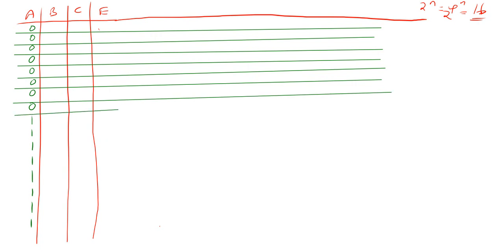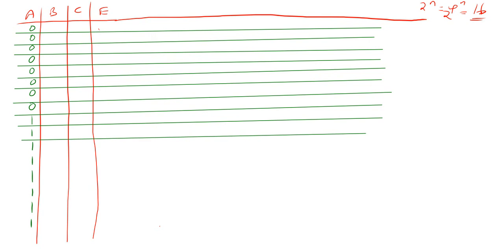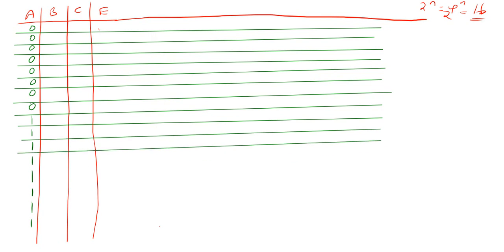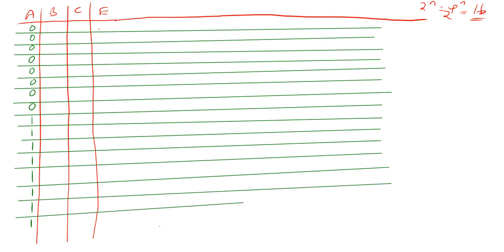So we have 16 inputs. Sorry, not inputs, rows, because of 4 inputs. So we have those rows. Now, since we have that, let's continue.